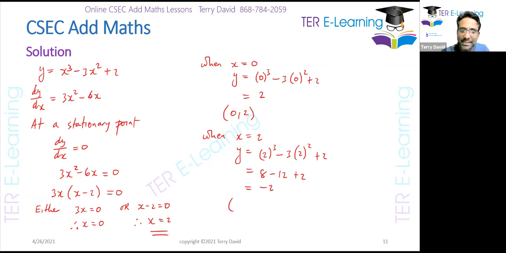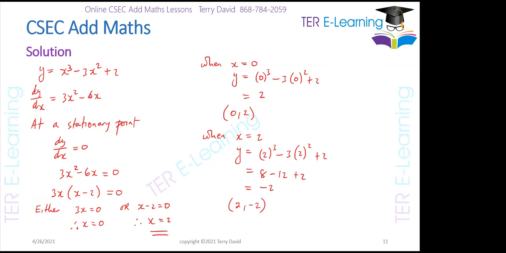Therefore, this second point is (2, -2). So the stationary points are (2, -2) and (0, 2).